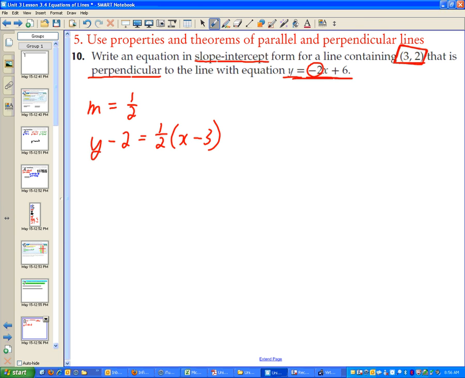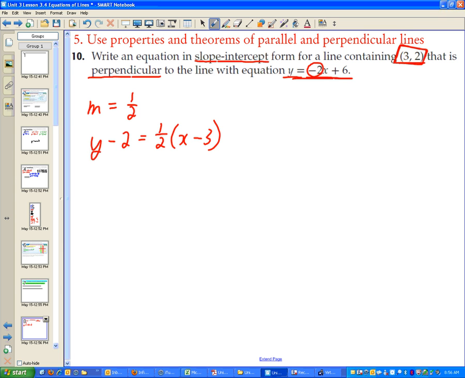So what seems at first to be a really daunting task, we got an equation already. I mean, that was faster than 7, 8, and 9. Okay? You're with me on getting the equation. Now we got to put it in the form they want it in. They want it in slope-intercept form.